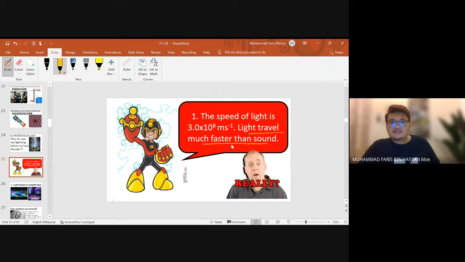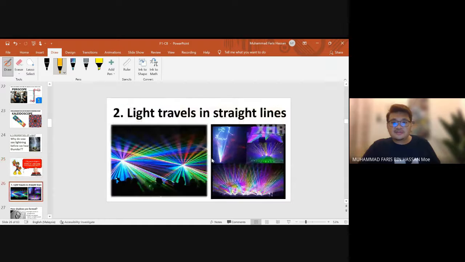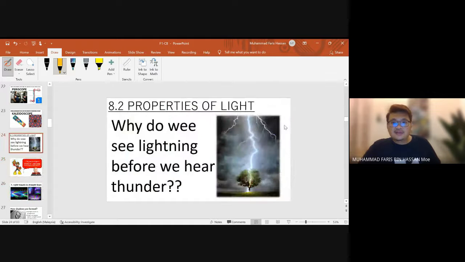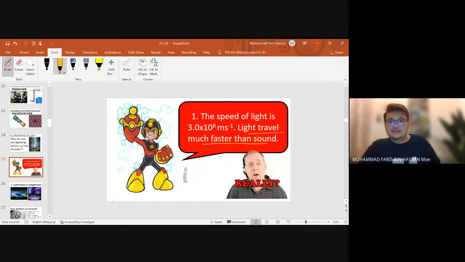So that is the answer for the previous situation. Why can we see lightning before we hear the thunder? It is because light travels much faster than sound, where the speed of light is around 3.0 times 10 to the power of 8 meters per second.